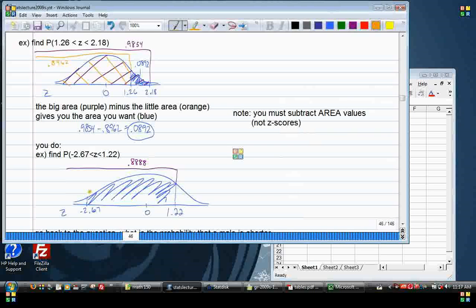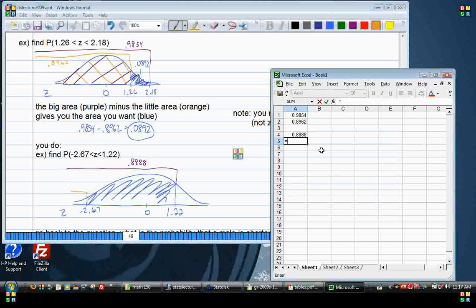Alright. Next, we'll find the area to the left of negative 2.67. And we're going to type in NORM.S.DIST. Now, by the way, let's remember, what does NORM.S.DIST stand for? Normal, standard, distribution, right. Okay. So this is negative 2.67. So this one is 0.0038.